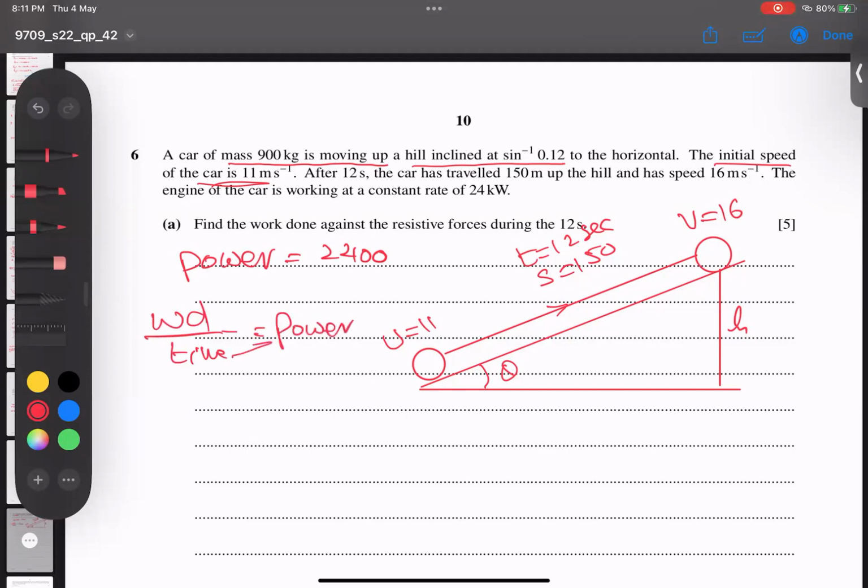If I multiply by time on both sides, I get the work done by the applied force, so power times time. The work done by the applied force is power 24,000 times time, which is 12 seconds given by him. So 24,000 times 12 gives 288,000 joules.